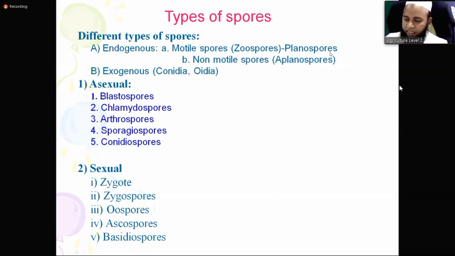Planospore means they can move. Aplanospore means they cannot move. Zoospore also means they can move. But do you remember the definition of fungi? In the definition, maybe the fungi cannot move by their own. But here I say they can move by the spore. Actually not like moving.